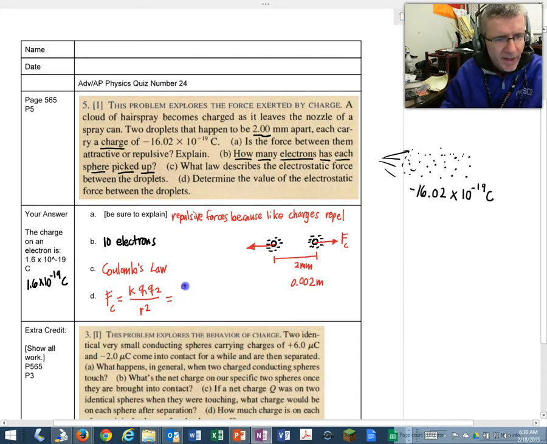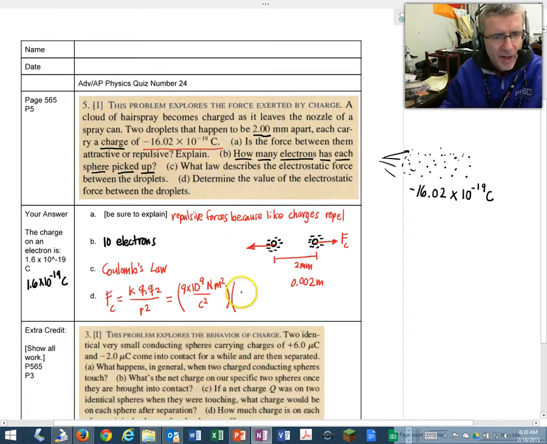So K is 9 times 10 to the 9th newtons meter squared per coulomb squared. So that's K times the charge. So we've got each drop has this charge on it, 1.602 times 10 to the minus 19th.